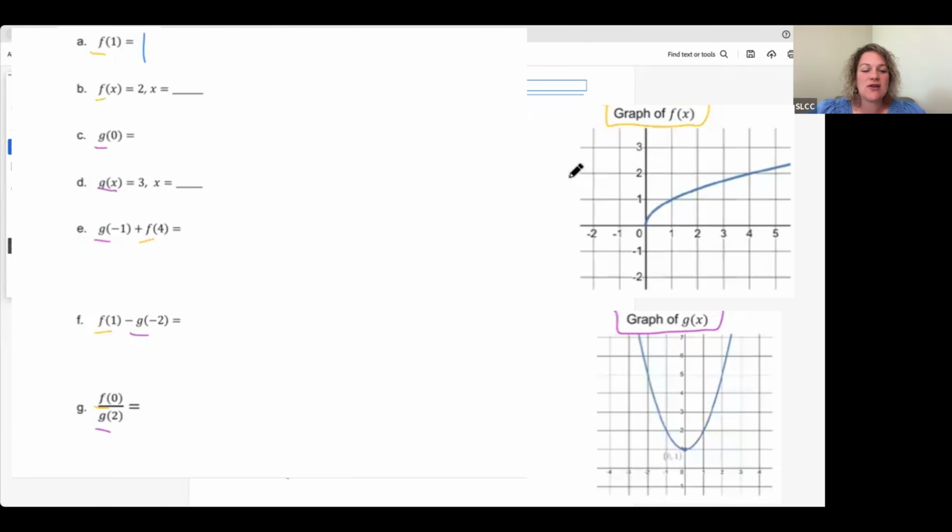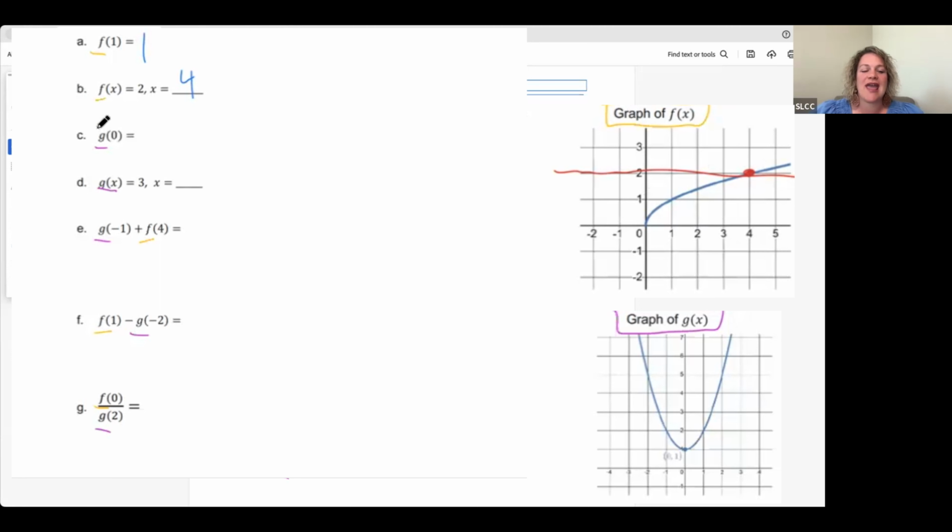So if you want, you can just draw that horizontal line of y equals 2 and see where that corresponding x value is. Oh, it's right there at 4. When x equals 4, then f of 4 equals 2.